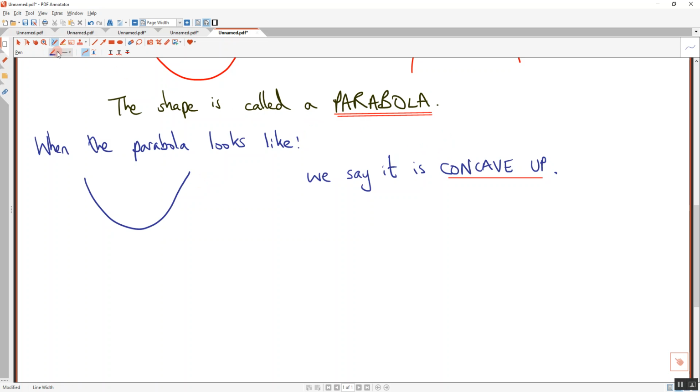So we have to be able to communicate this. Let's write that down. When the parabola looks like this, we said it's concave up, and in this case, the coefficient of x squared will be positive.